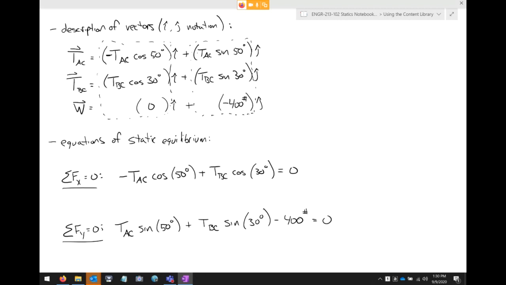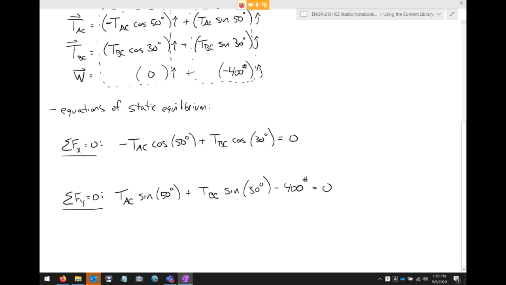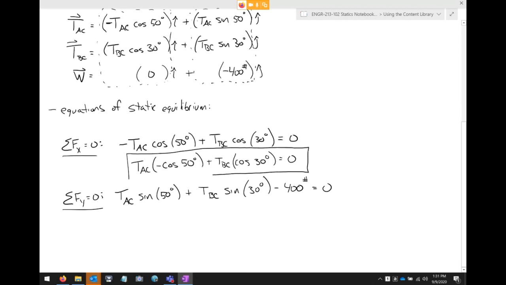All right. Now I'm going to rewrite these equations just a little bit, and you'll see why in a second. So I have TAC negative cosine 50 degrees, so in other words, I have the variable and then all the stuff multiplied by it, plus TBC cosine 30 degrees is 0. I'm going to box this and say that this is equation 1.